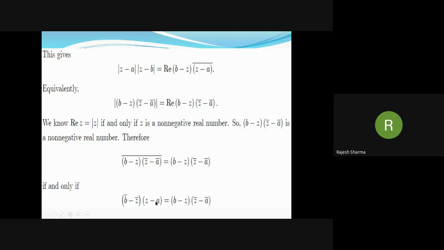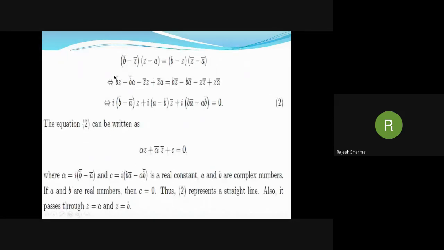Also the conjugate of Z1 Z2 is equal to Z1 conjugate times Z2 conjugate. Now this last equation implies this, and then we have this equation. On multiplying by iota on both sides, ultimately we get this relation.